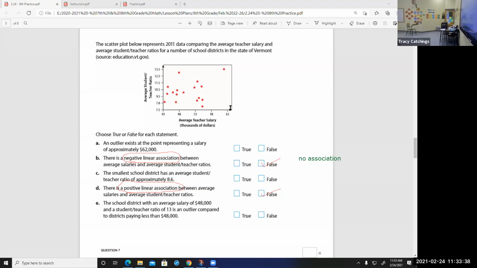Alright. Now think about what they said. A says an outlier exists at the point representing a salary of $62,000. So I'm gonna look for salaries. 62,000 would be about right here. So that's this point. Would you say this point is an outlier?